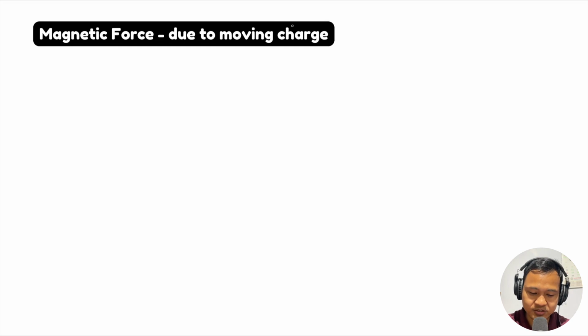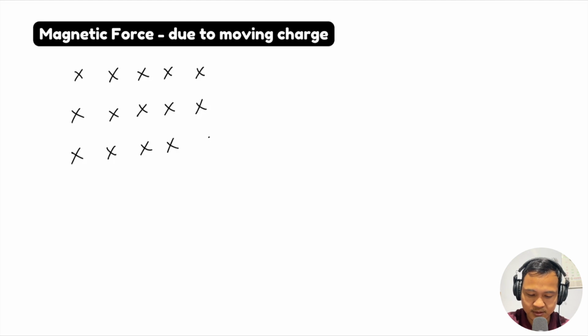First, a moving charge. Suppose this is the magnetic field B, and I have a charge Q, a plus charge.